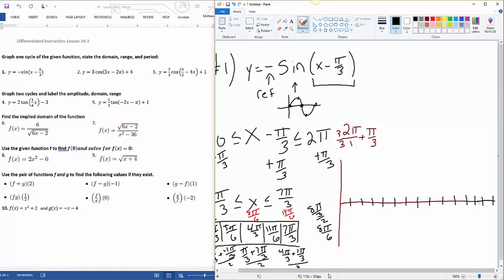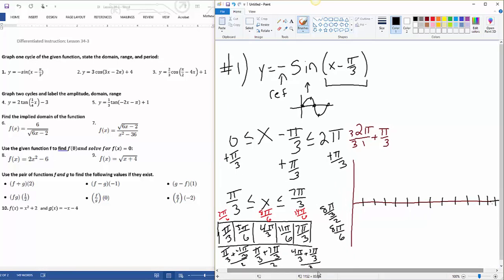So the first one was 2 pi 6, and so I need to look at my parent graph. So it starts at the center line, so 2 pi 6. Then my next value is at 5 pi 6. So 1, 2, 3, 4, 5. Okay, so that's going to be about right here. But instead of going up, there's a reflection, so now it's going to go down.